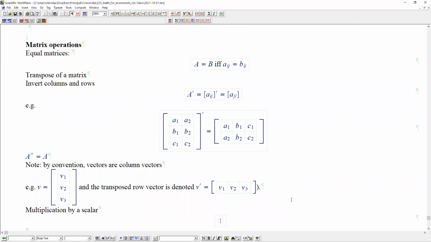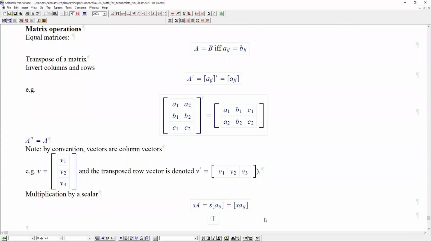If I have S that multiplies a matrix A, then it's equal to S multiplying each element of the matrix A, which is equal to each element of the matrix A multiplied by S. That's pretty obvious.